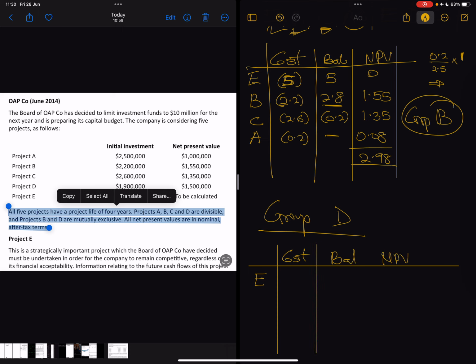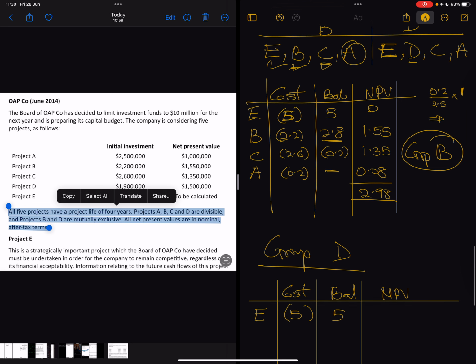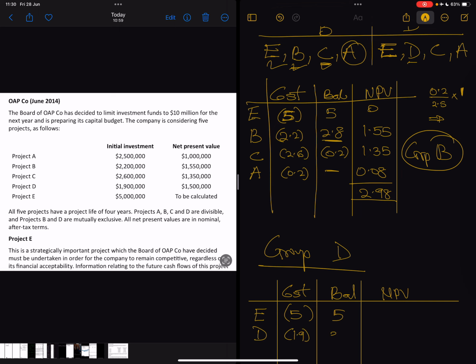So E will cost 5 million and we'll be left with another 5 million. Then we'll move to D. D is going to cost how much? D is going to cost 1.9 and we still have 3.1 left. And we're going to make NPV for D of 1.5.